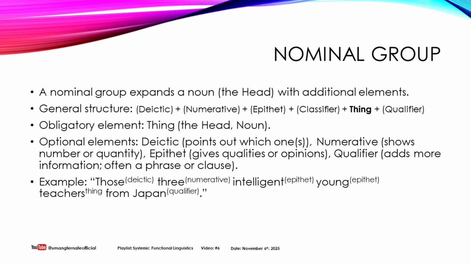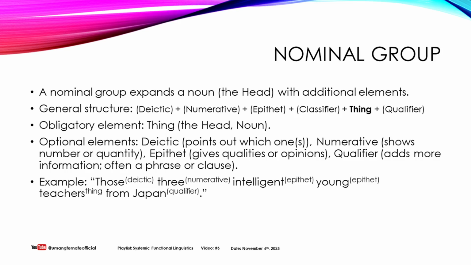First, the deictic element functions to point out which thing you are telling. Deictic can be an article, a determiner, or a pronoun. In English, we have the articles a and an, and we have determiners like the, this, that, those, and these, okay?